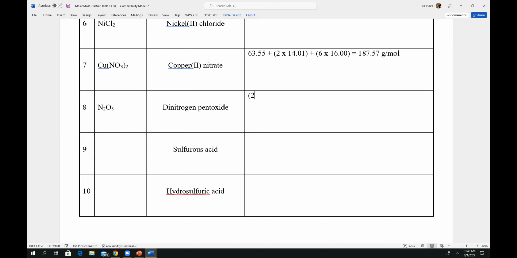We're going to have 2 times 14.01 plus 5 oxygen, so 5 times 16. That's going to be equal to 14.01 times 2 plus 5 times 16. 108.02.